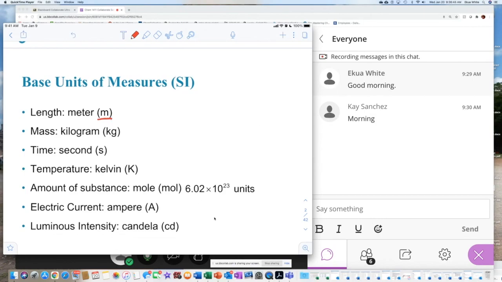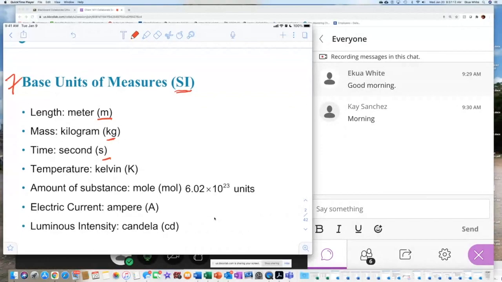So you want to make sure that you know the 7 base units. So these are essentially 7 base units. And then you want to know the normal measurements, okay? The SI measurements. So for length, it'll be meters, mass, kilograms. Now, in the lab, you may actually measure it in grams, but to perform calculations, they will have to be converted to kilograms. Times will be measured in seconds.